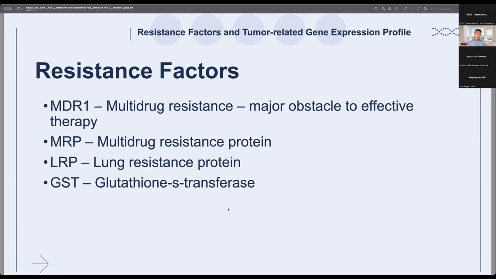And so if you have a high GST, you certainly don't want to support more elimination, so you have to be cautious about whether you think glutathione support is necessary or not, because when you have a high glutathione S-transferase, adding more glutathione may not necessarily lead to a favorable outcome, as that could fuel more detoxification due to the increased GST. So you have to be cautious.